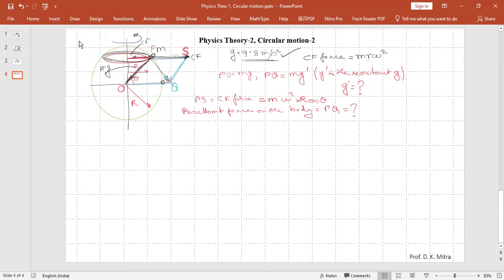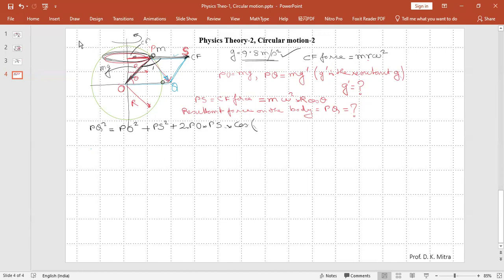Then our whole problem will be solved. We know how to find out the resultant from this rectangular parallelogram. From that formula, we know that PQ square, resultant square, is equal to one vector square plus another vector square, PS square, plus 2, the product of the two vectors, 2 PO PS multiplied by cos of the angle between them. Now, what is the angle between them?